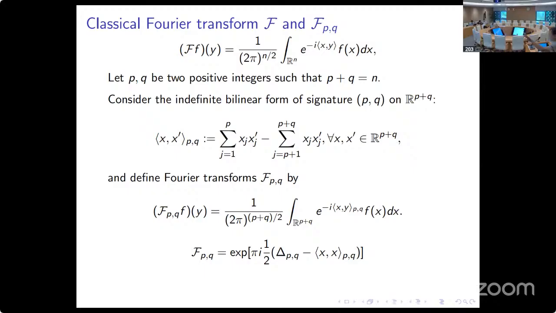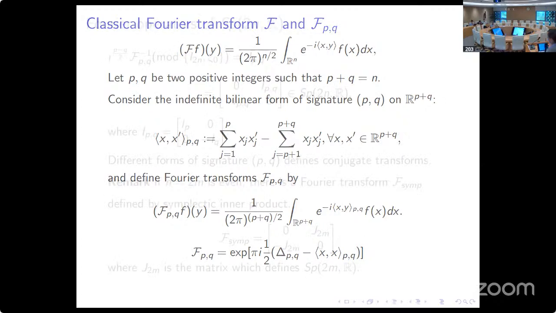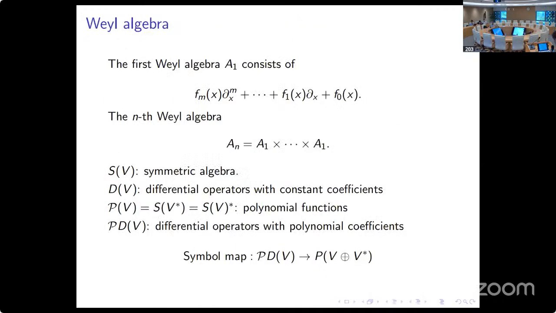So you think about L2 functions of Rn, but you think of this as the Schwarz space. There are two kinds of operations, and this is exactly what I'm going to explain. How do you define this representation? The Weyl algebra is the differential operators with polynomial coefficients.